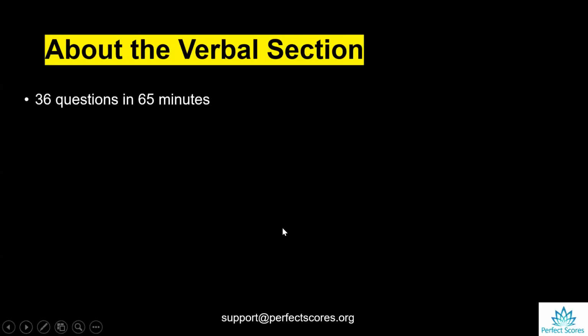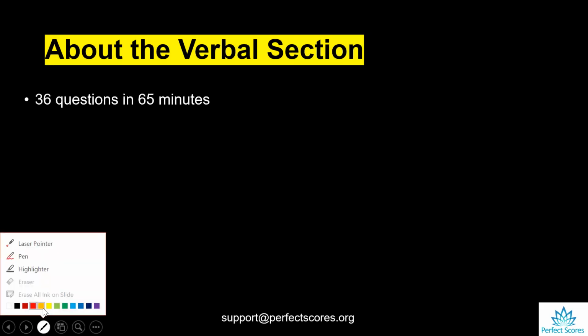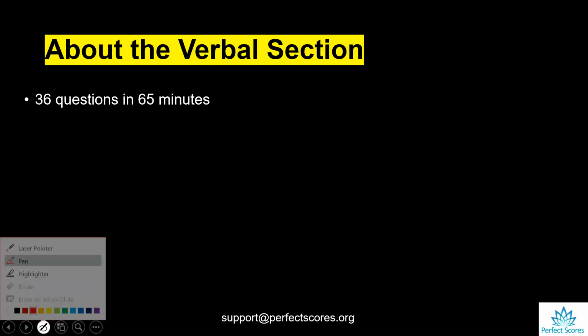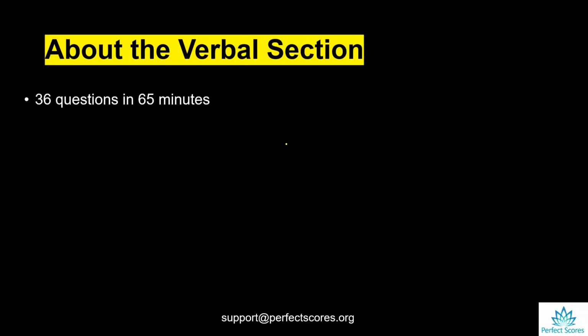All right, so let's begin with a description of the verbal section of GMAT. Recently, GMAT has undergone a few changes in terms of its structure, the number of questions that are present, and the kinds of options you get to attempt each section.